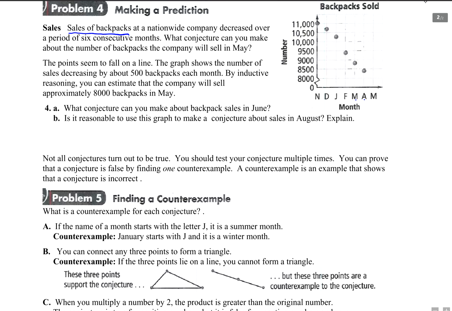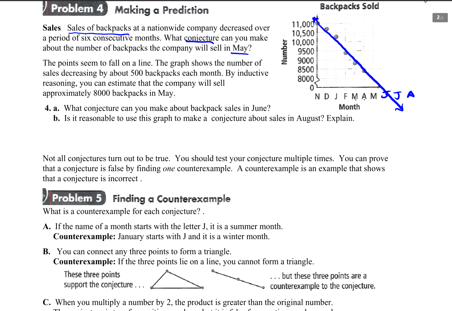And so we want to make a conjecture about what's going to happen in May. Well, if we continue to follow this trend, we can draw a trend line in here. In May, we're going to say it's going to decrease. And June, July, August, by the time we get to August, they are going to have negative backpack sales.